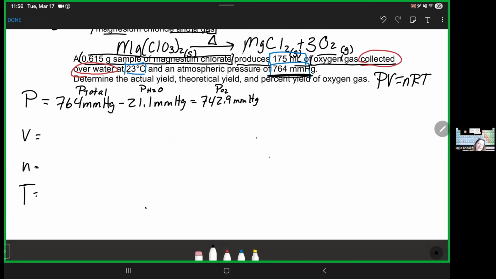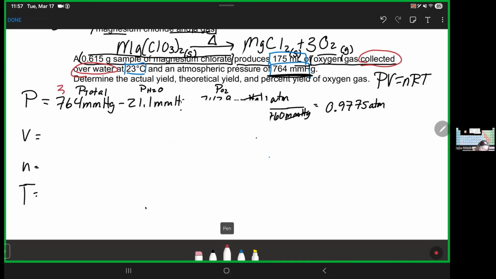But now we need to be in ATM because our R value is in ATM. So we know 1 ATM is 760 millimeters of mercury. And when we do that math, we get 0.9775. If you want to leave that, you can leave that. We're at 3 sig figs technically, because that number was 3 sig figs.